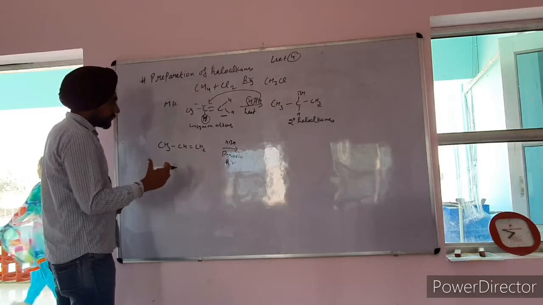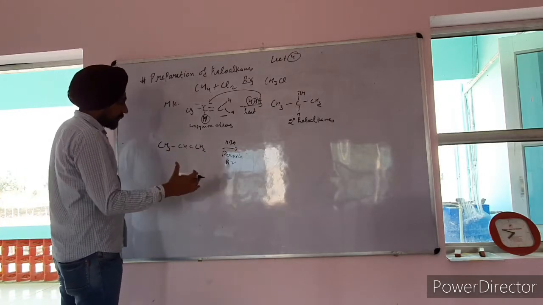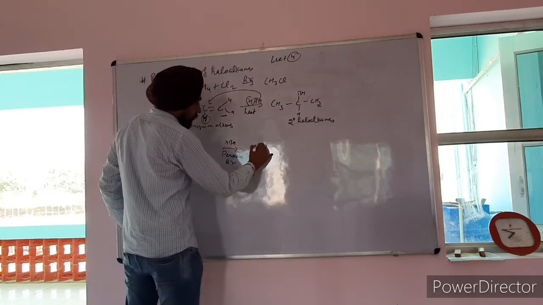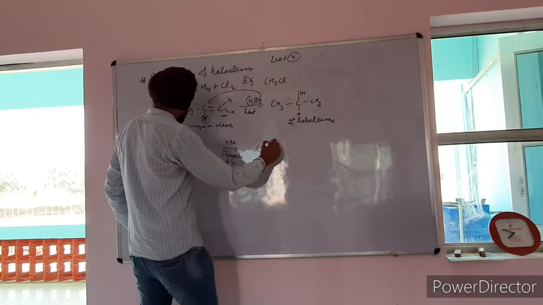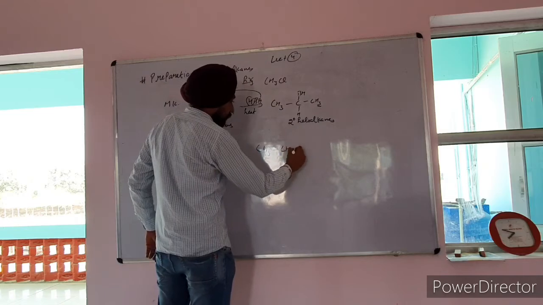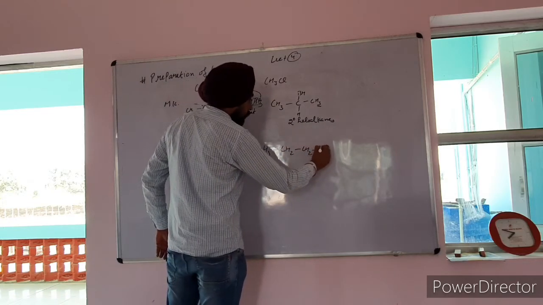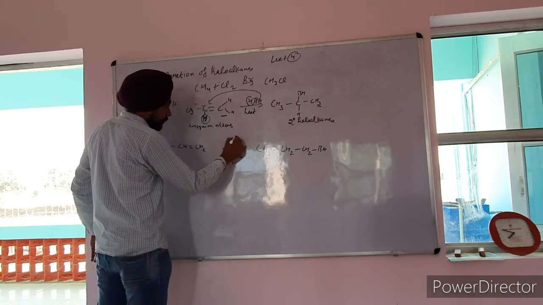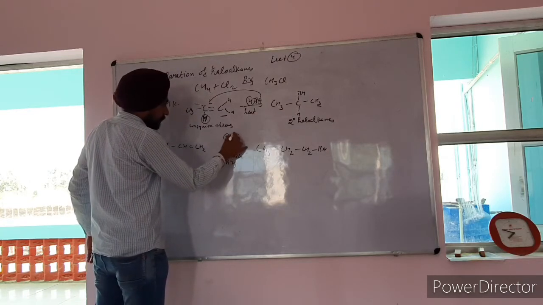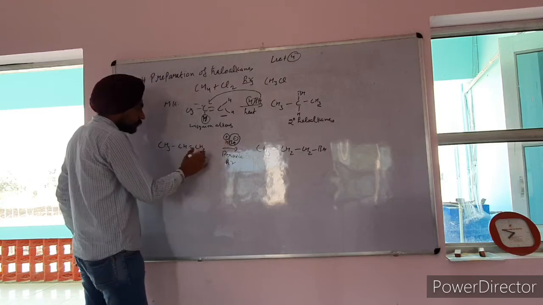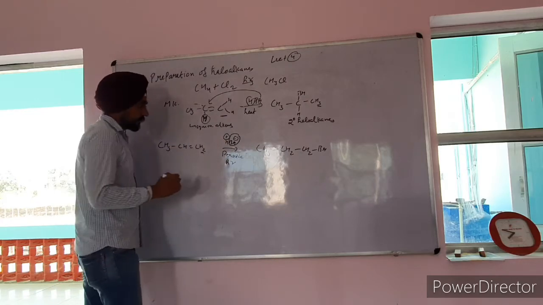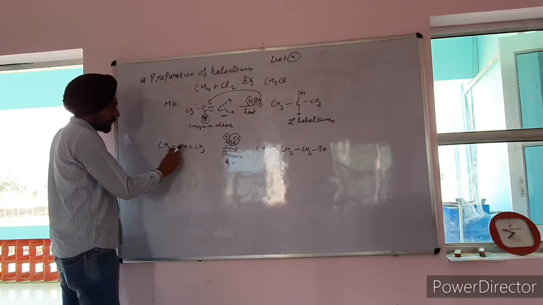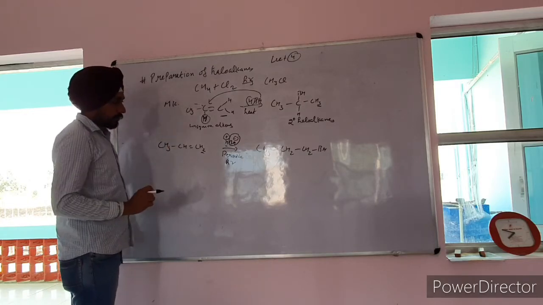And if this reaction goes in the presence of peroxide and UV light, it gives a different result: the negative part, Br, goes to the carbon with the higher number of hydrogens, and the positive part goes to the carbon with the lower number of hydrogens.